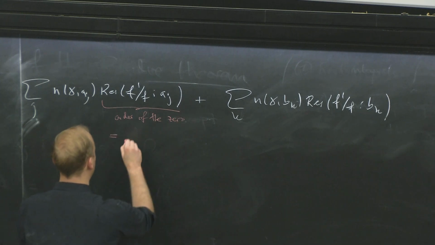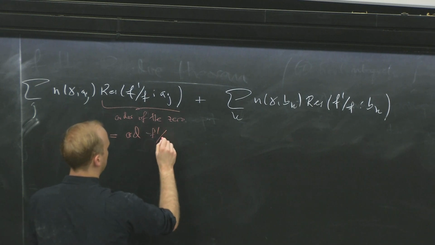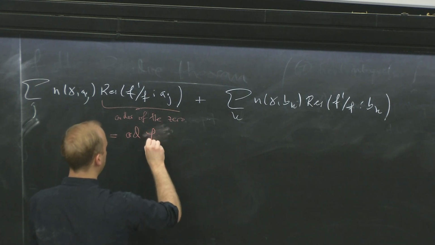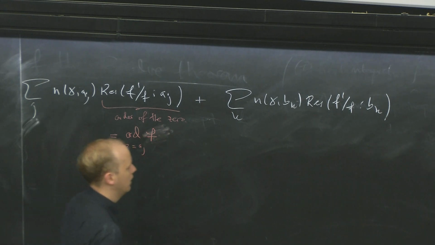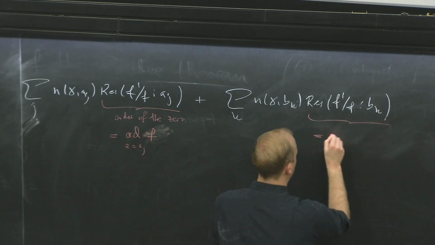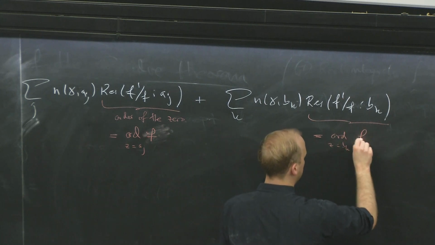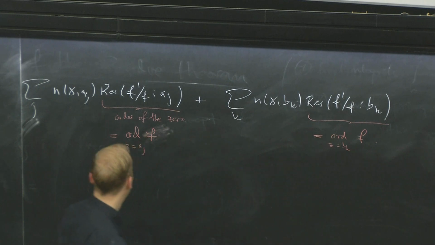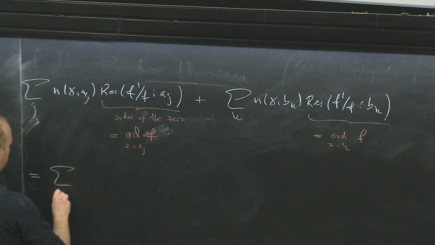So this is what I would call the order of f at z equals aj. And this is the order at z equals bk of f. And so actually what we get, so I apologize for this, I will change it.